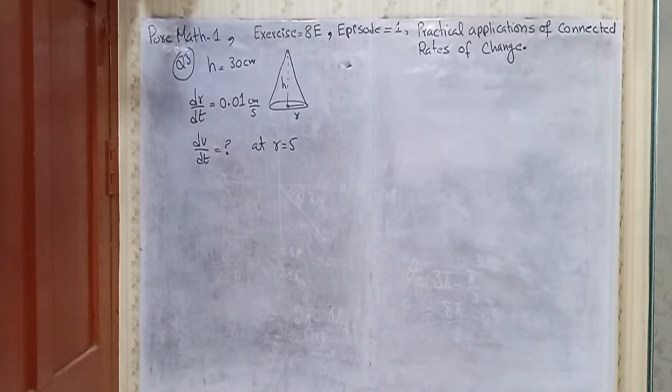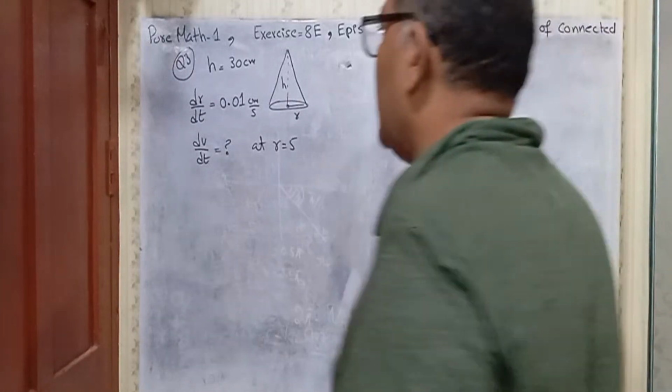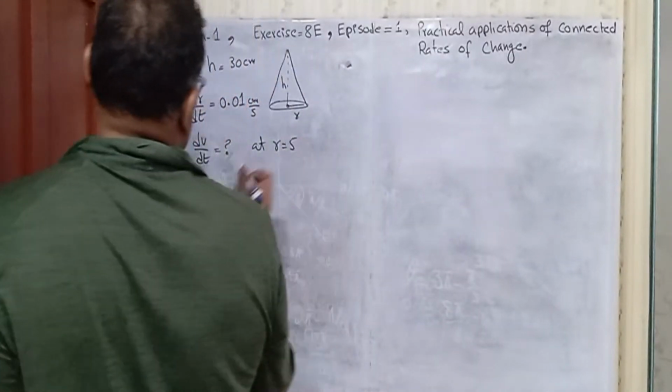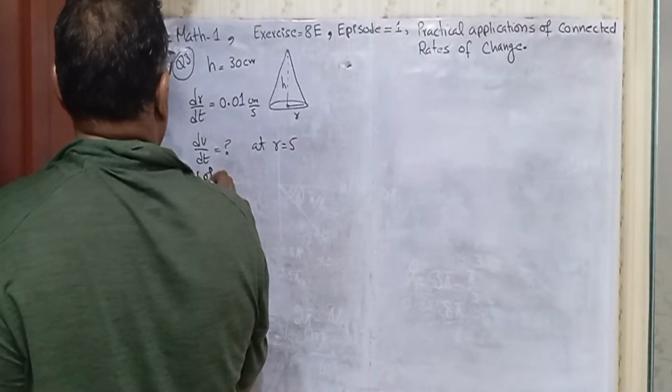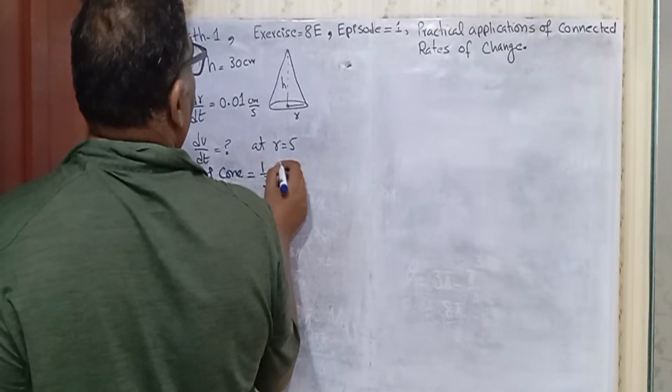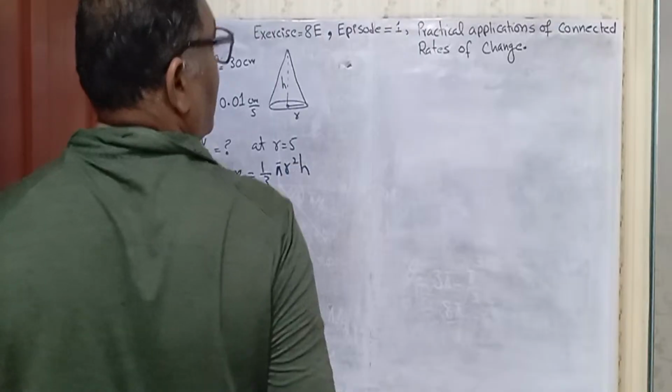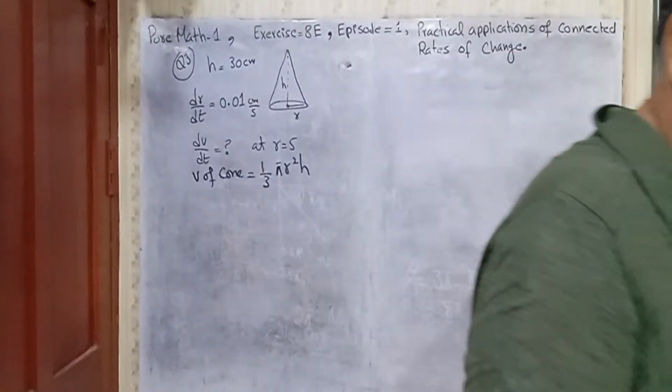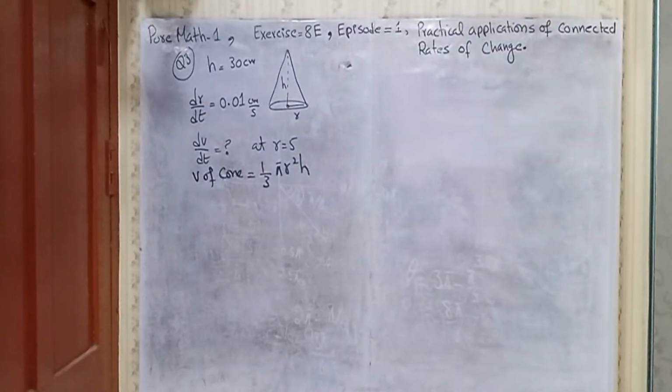The formula for the volume of the cone is 1 by 3 pi r square h. Very famous formula. We have studied the volume of cones in our Cambridge O-levels Mathematics 4024, and here we are going to use that formula.